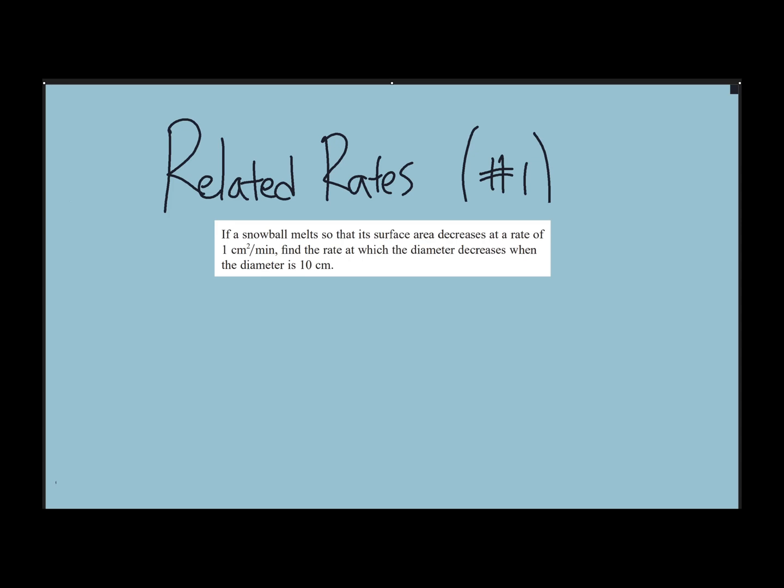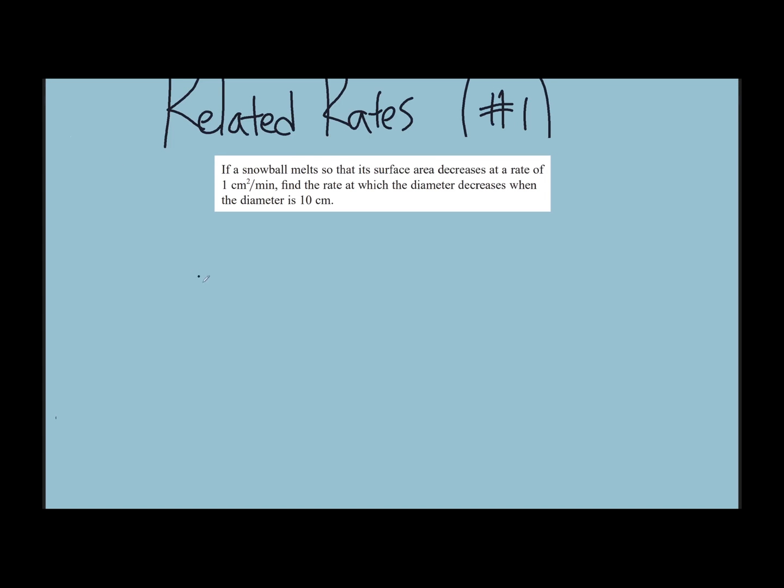Now, let's begin. If a snowball melts, so a snowball is usually considered to be spherical. We'll put a little thing on here to make it look a little more like a ball. It's melting so that its surface area is decreasing. So let's say it's going to change in radius like this. It was this big and now it's going to be only this big.